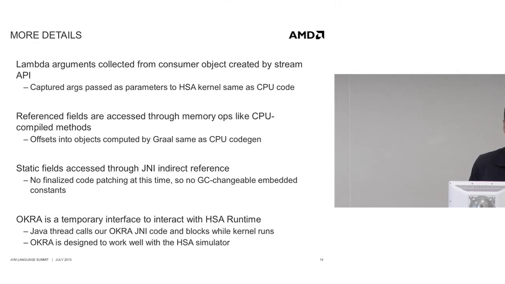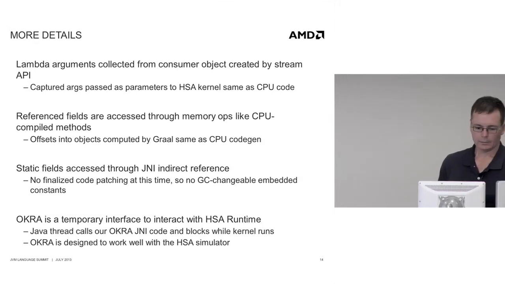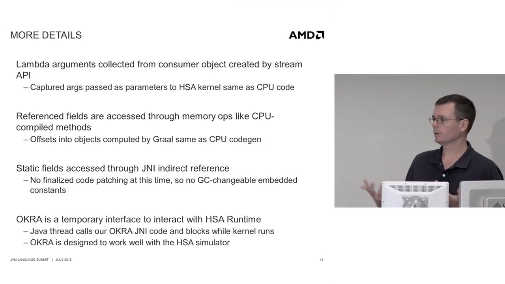Because we have a shared pointer, the kernel can access the main memory, and so you'll see in the HSAIL code, we're accessing objects in a perfectly natural way, the same as it would look for decompiled x86 methods. So it's a very straightforward way to implement the offload, and you don't have to worry about copying or any kind of different addresses or anything like that. There are some limitations.